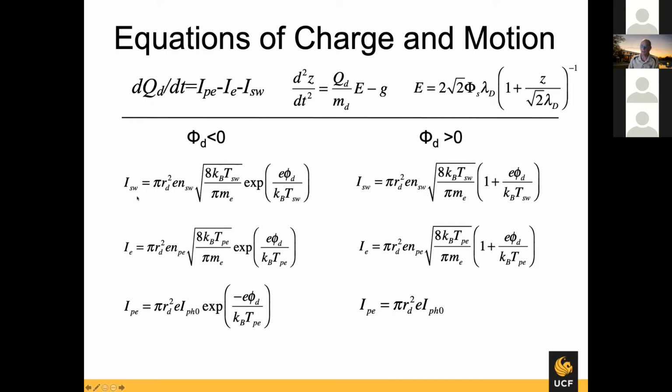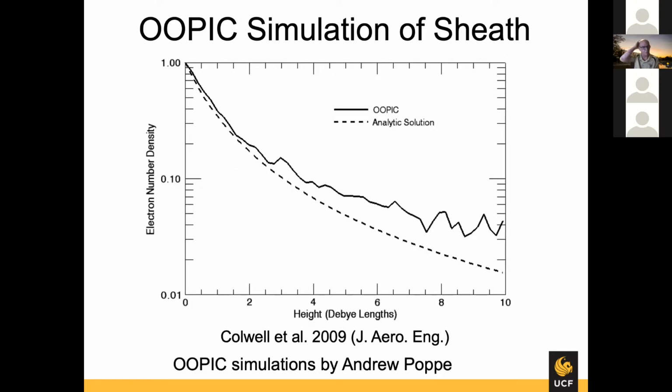But you have a solar wind current, you have an electron collection current, and then you have a photoemission current from those. So we just integrate those 2 equations of motion and see where things go.